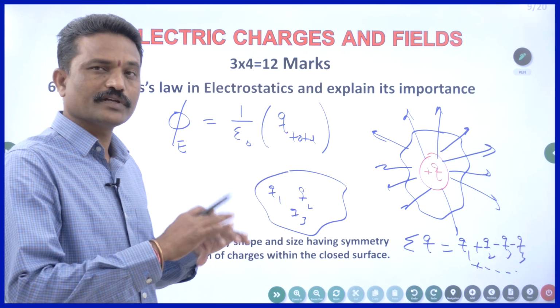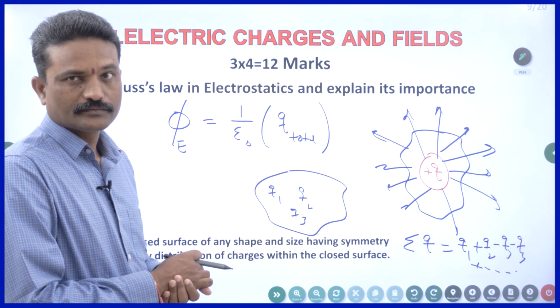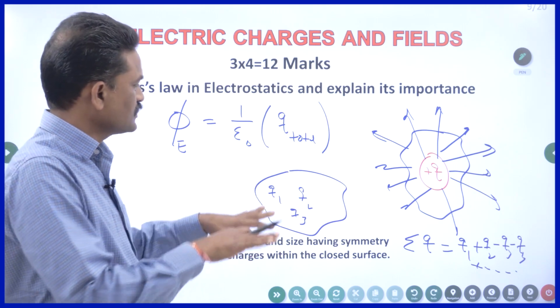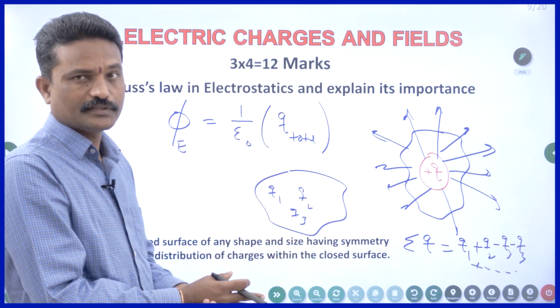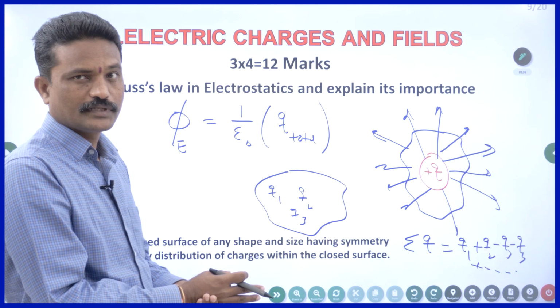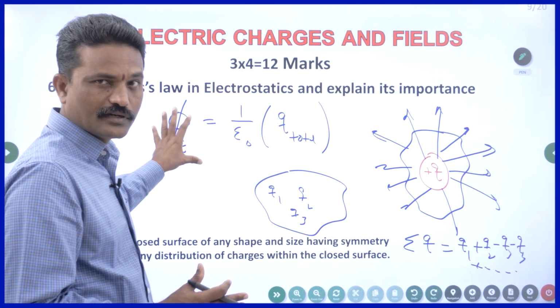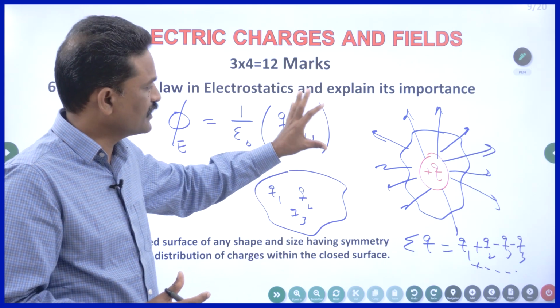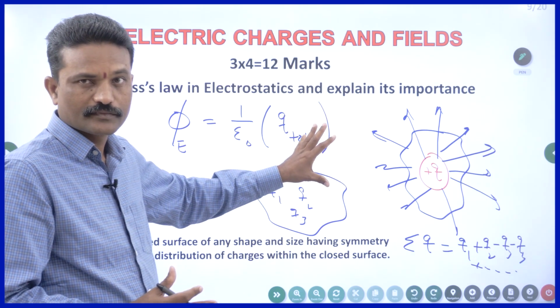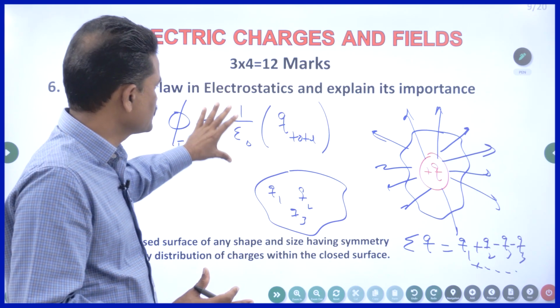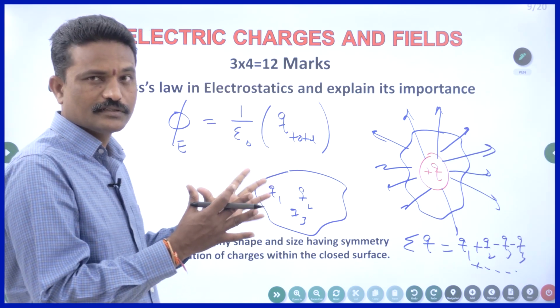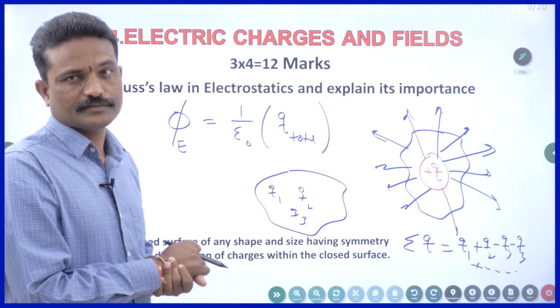Total charge is nothing but the net charge, whatever the charge enclosed by that closed surface. Is this clear? Right. The electric flux coming out from an enclosed surface is equal to 1 by epsilon times the total charge enclosed within the surface.